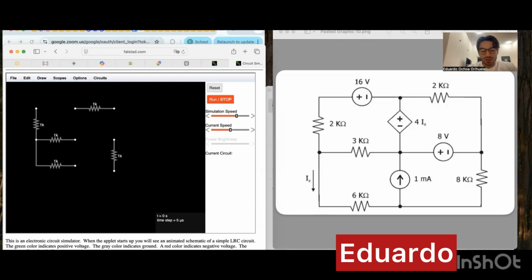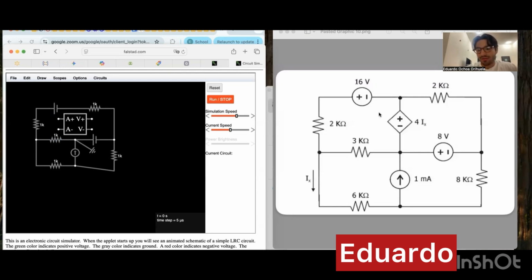Then we're going to connect these using wires, and we have a 16 volt voltage source here, and the 8 volt voltage source down at the horizontal. Upward in the middle of the circuit, we have a current source of 1 milliampere. From here, we're going to have ground, since this is the node with the most sources, and that is how we used it in the calculation as well.